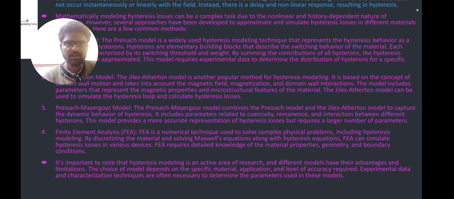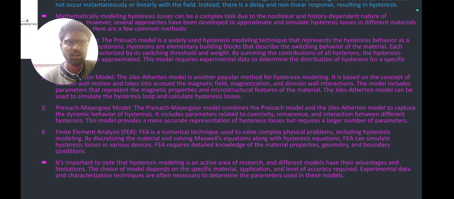Preisach-Mayergoyz model. The model combines the Preisach model and the Jiles-Atherton model to capture the dynamic behavior of hysteresis.